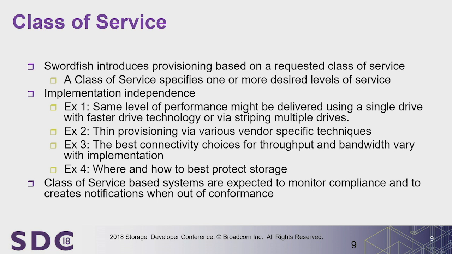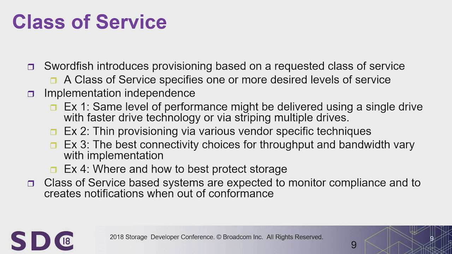Okay, so this is really saying a lot more of the same thing with some examples. We introduce provisioning based on a requested class of service. A class of service can support one or more desired levels of service. It can be completely automated or it can be relatively manual.